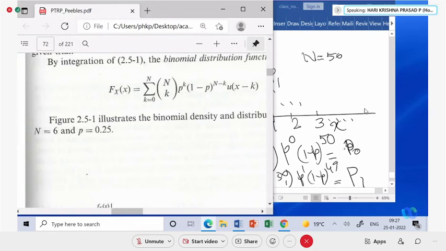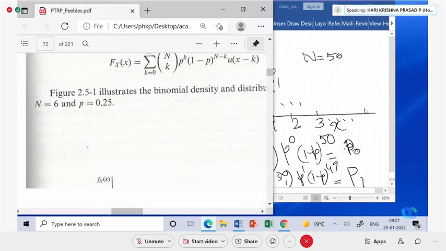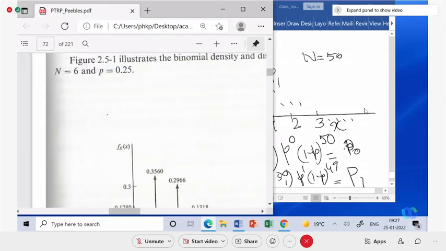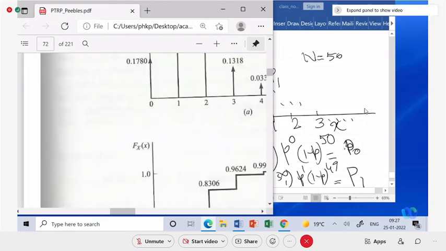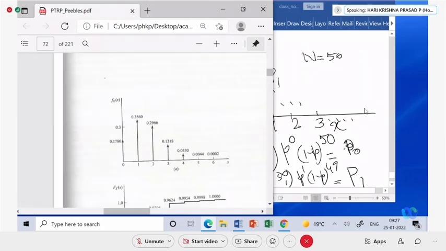See, figure 2.51 illustrates the binomial density and distribution functions. Any questions, please? Where is figure 2.51? It is here.